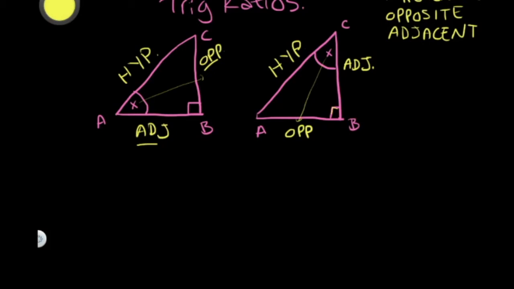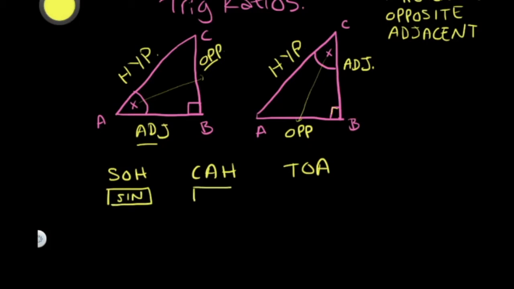So trigonometric ratios are these: SOH CAH TOA. I need you to memorize SOH CAH TOA, and this is where we're going to use those fancy buttons on your calculator. You have the button that says sin, that stands for sine.